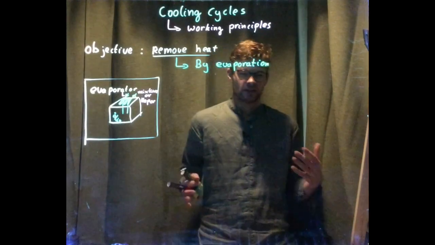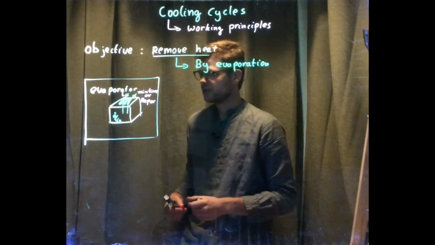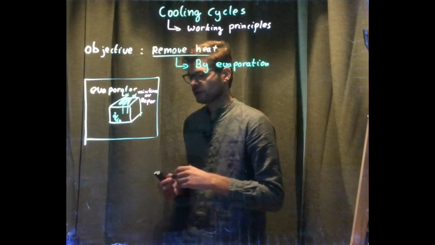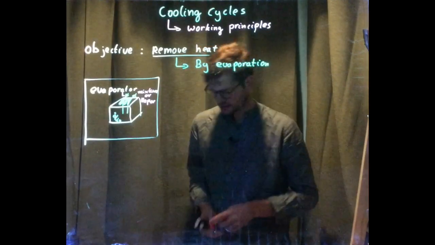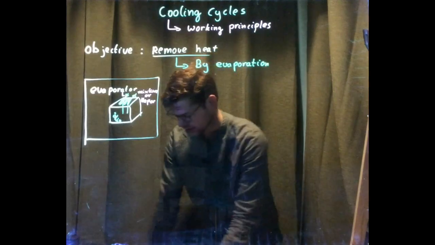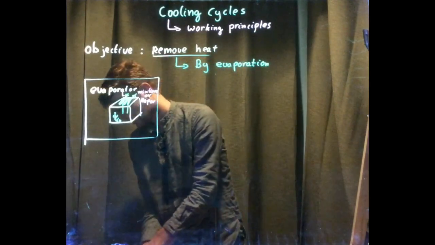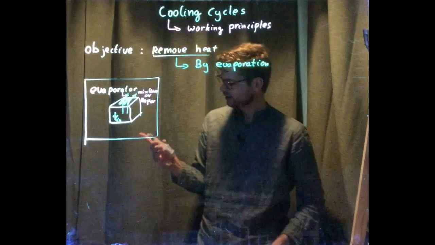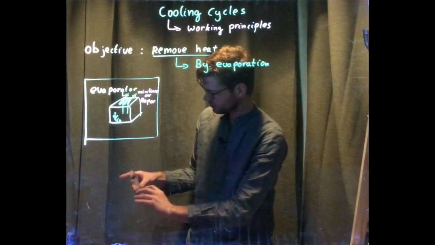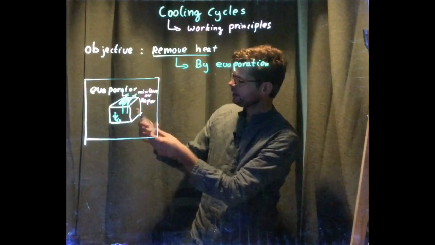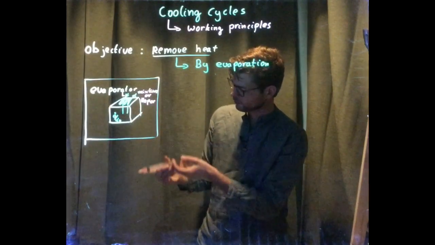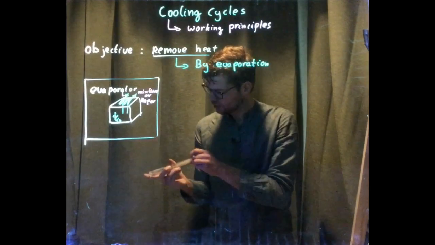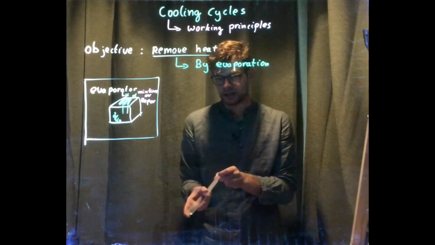In order to get some fluid to actually evaporate, you need to expand this fluid. Maybe you've done this experiment before: I have some water over here in a syringe, so air is out now. When I cover the top of the syringe and pull the syringe, I lower the pressure, make the fluid expand, and it will start boiling.